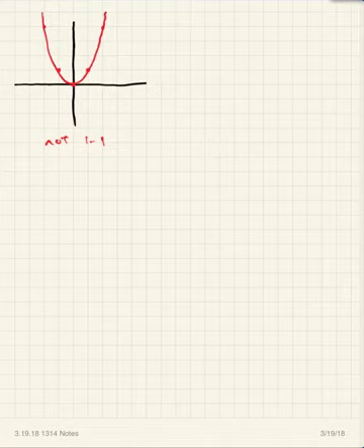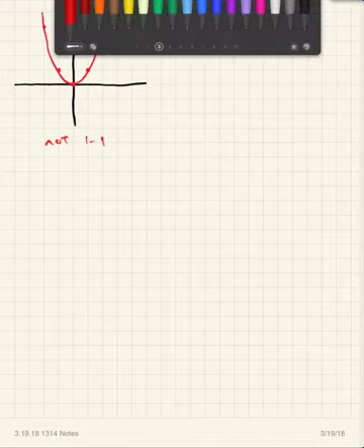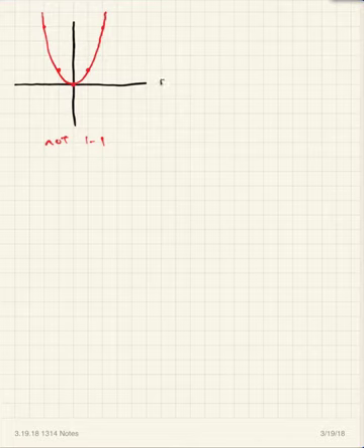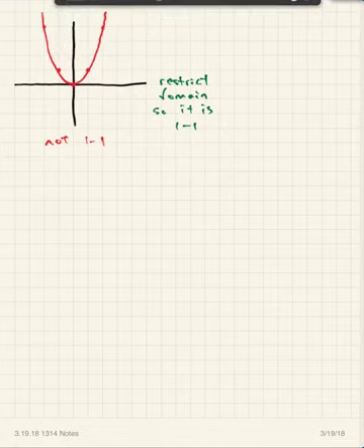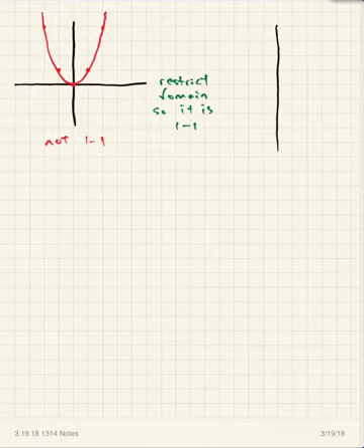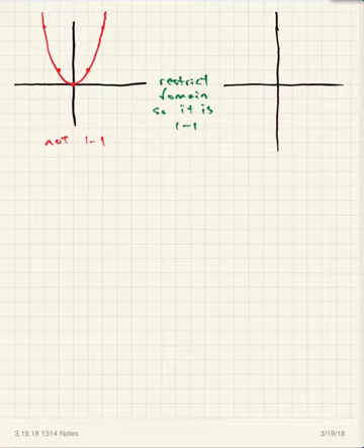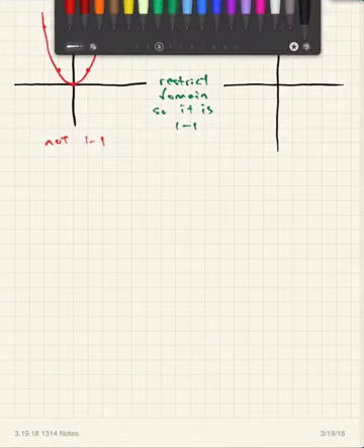So what we do is we limit the domain. We restrict the domain so it is one-to-one. In other words, it passes the horizontal line test. And so what we would do on this original function, I'm going to put it right next door to it here, is we actually restrict the domain to just x values greater than 0.